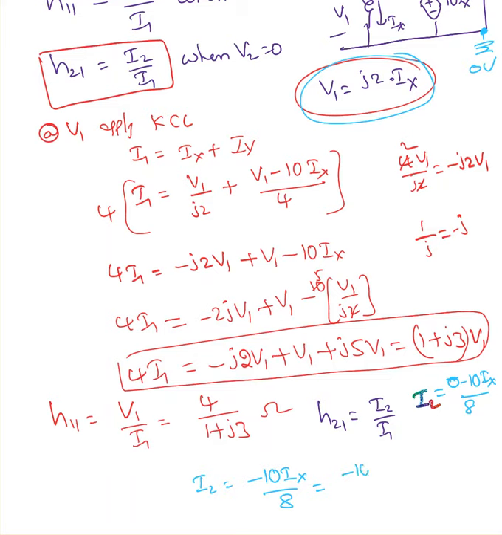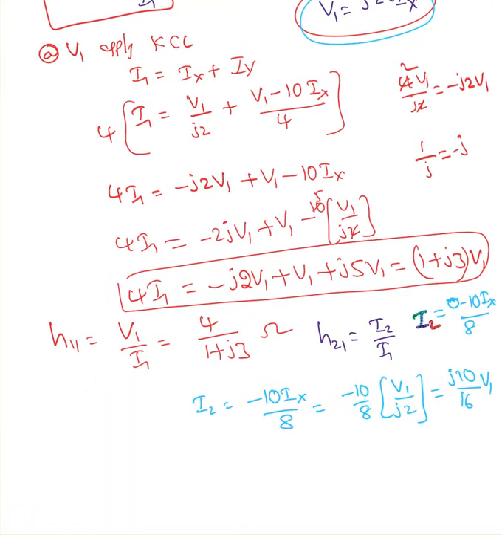So minus 10 over 8, and that's going to be V1 over J2. So this value becomes minus minus plus J10. Okay, if I take this plus J in the denominator to the numerator, it will become minus J. Minus minus get cancelled out. So plus J10 over 16 V1.